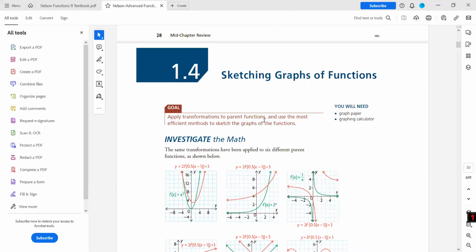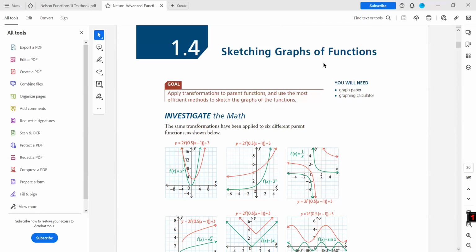And we'll move on directly to sketching graphs of functions. Meanwhile, it is important to understand key characteristics of the function. We also have to understand how to sketch those graphs.